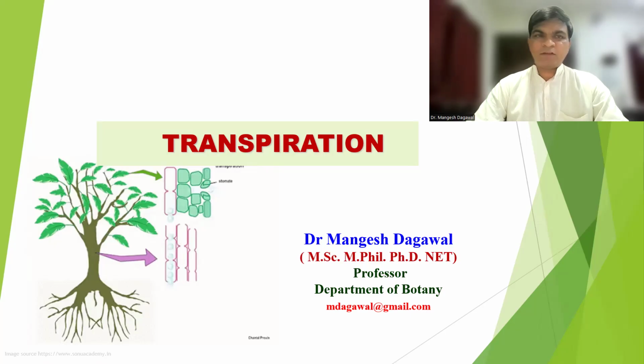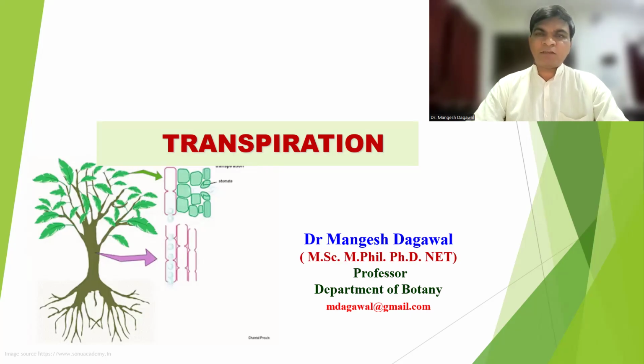Transpiration is the process where the plant absorbs water through the roots, and then that water is lost in the form of water vapors from various parts like the leaves, primarily through the smaller pores present on the leaves called stomata.